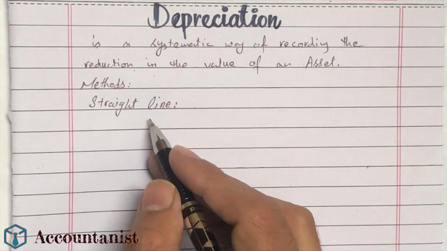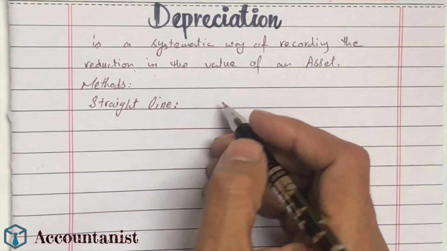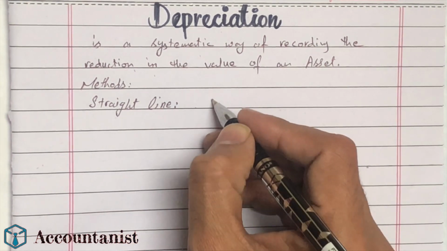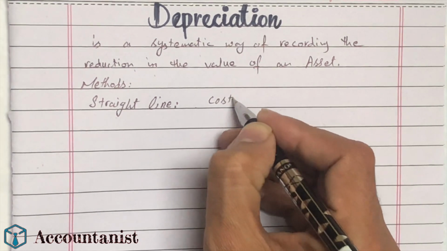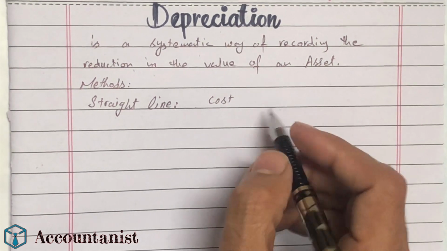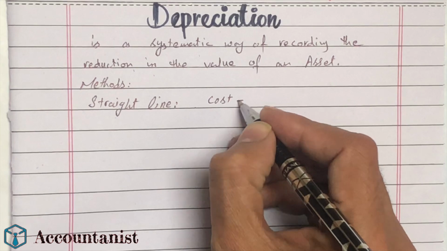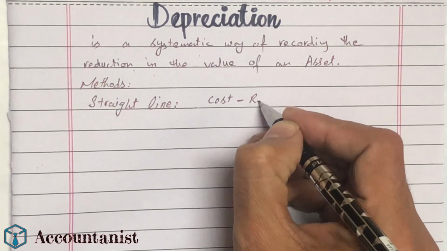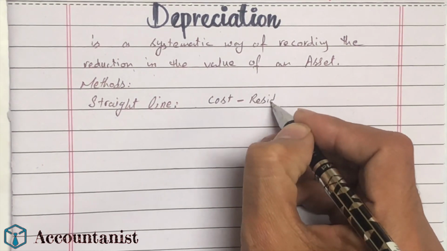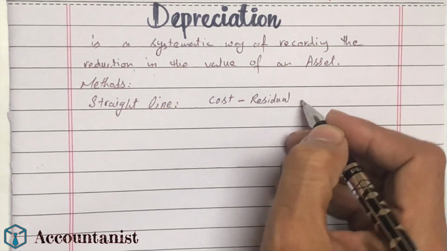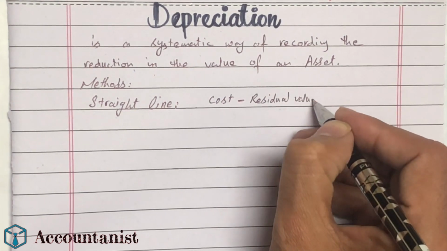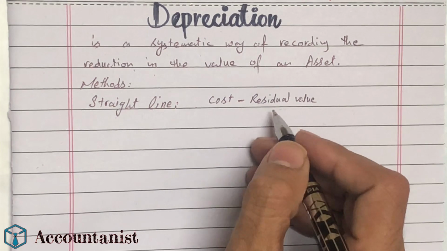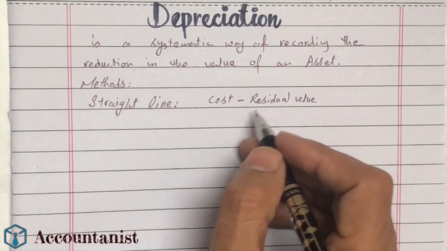The first way is, if we have the cost of an asset and we deduct the residual value, meaning the scrap value, which is the value that we have after its useful life.